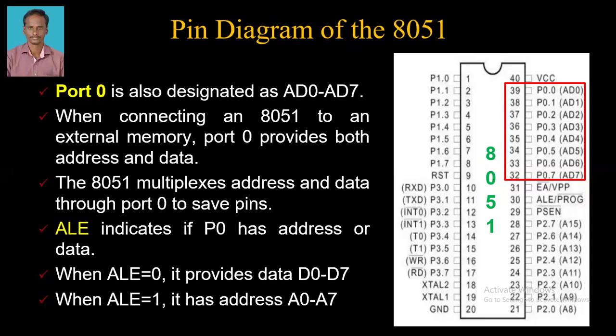The 8051 multiplexes addresses and data through port 0 to save pins. In this case, ALE indicates whether the port has address or data. If ALE has the value 0, it provides data. If ALE has 1, then it provides the address.